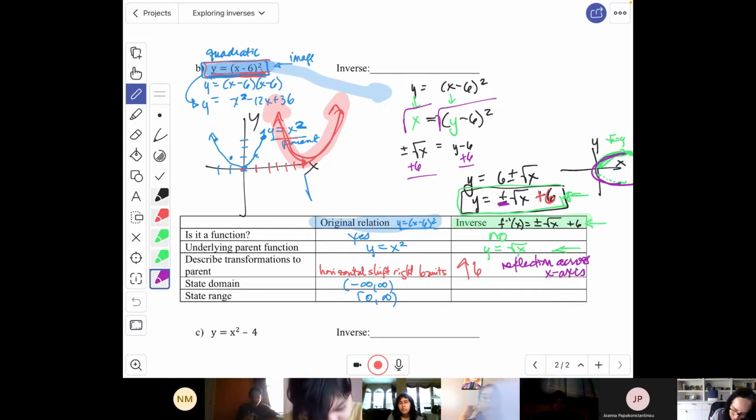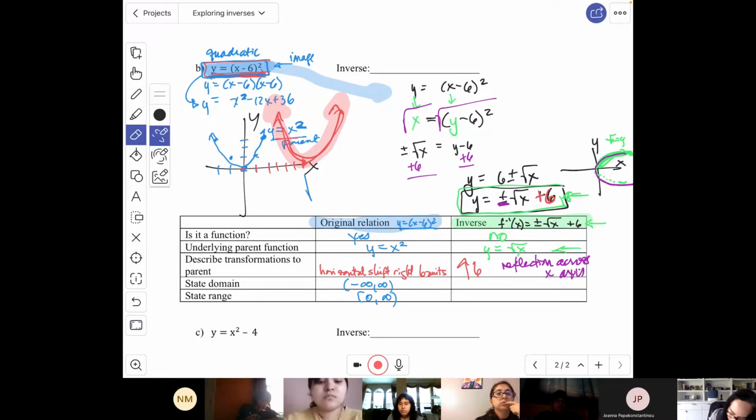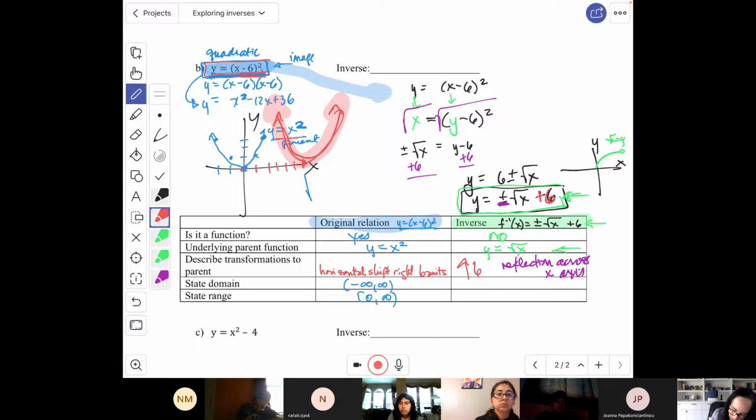And that's what gives us this. Now, remember, we have shifted it up 6 as well. So, oops, I better erase. There's our parent. We shifted it up 6. And then we also, in addition to it, included the reflection, right? So our graph is up here.